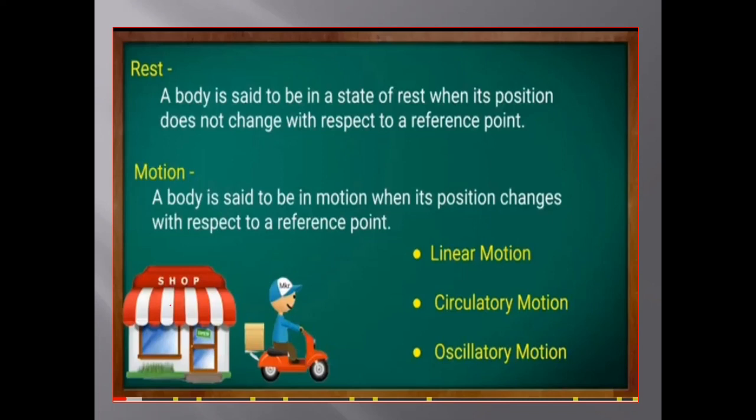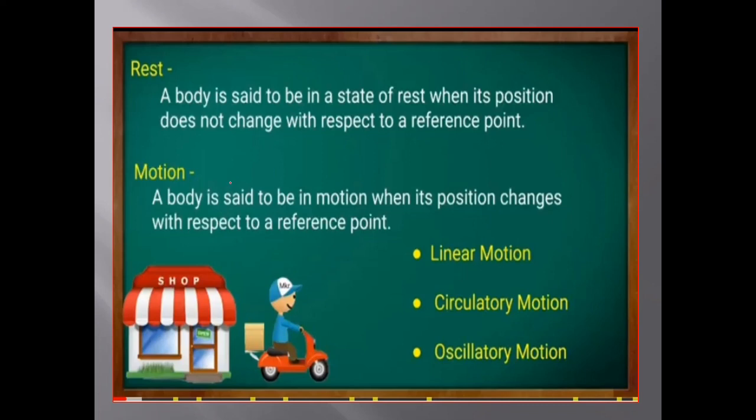That is, here we have taken the shop as a reference point and the driver as a body or an object. That means a body is said to be in a state of rest when its position does not change with respect to a reference point.